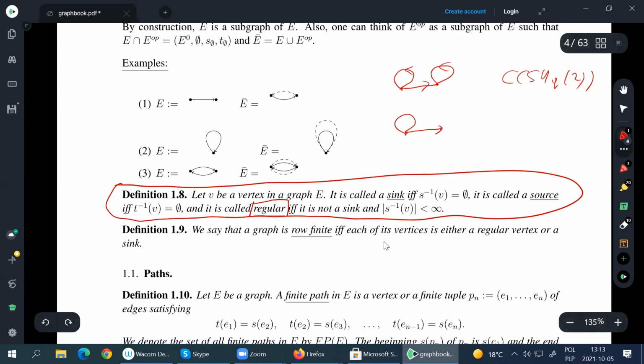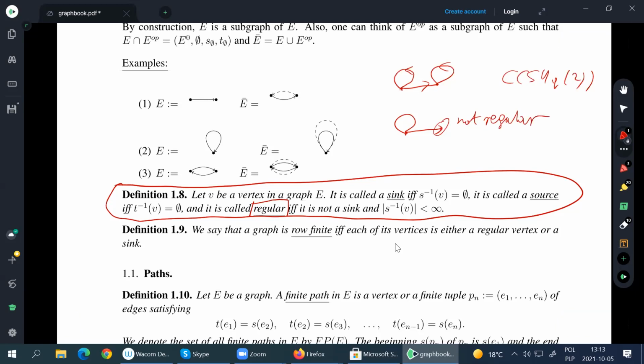Now, when you look at the ball, so for instance, let's look at this graph. Again, two vertices. So that's the Toeplitz algebra of a quantum disk or the two-dimensional ball. And here, well, not all vertices are regular. This vertex is regular because it emits a loop, but this vertex is not regular. And then if you look at these quantum complex projective spaces, well, say take again two vertices. So this is, if you want, quantum CP^1, so it's a quantum 2-sphere. It's the standard Podleś quantum sphere if you know quantum groups.